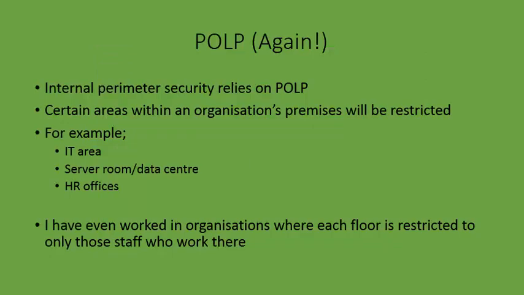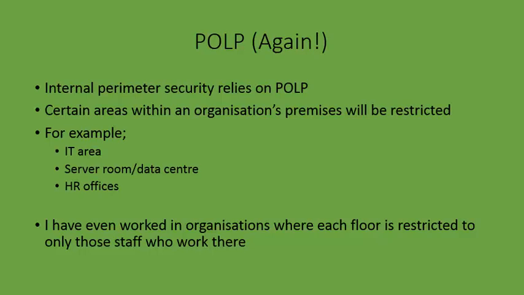We're back at the principle of least privilege again, because the internal perimeter security that you apply really relies on the principle of least privilege. Certain areas within an organisation's premises will and should be restricted. For example, you do not necessarily want everybody in your IT area, and you don't necessarily want all of your IT people to have access to your server room.